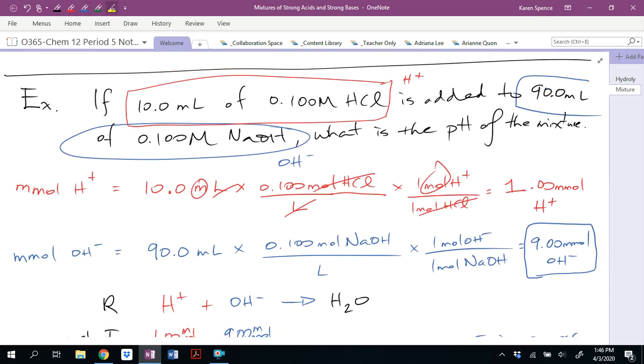Well, hang on a second. I added 10 milliliters of the acid to 90 milliliters of the base, which means I'm going to have a grand total of 100 milliliters total. Yeah? So that leftover hydroxide is going to be in 100 milliliters total volume.